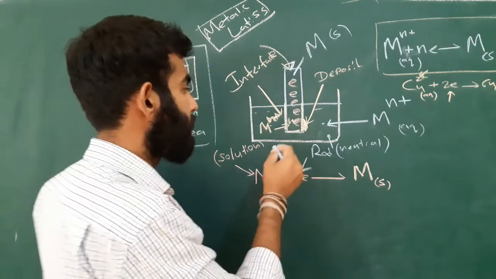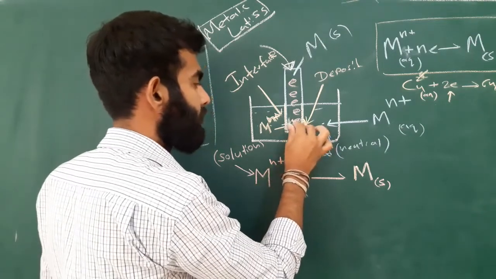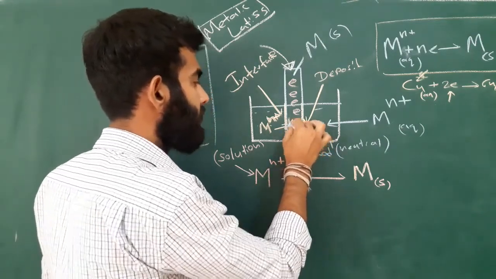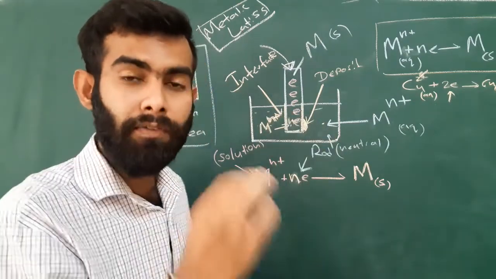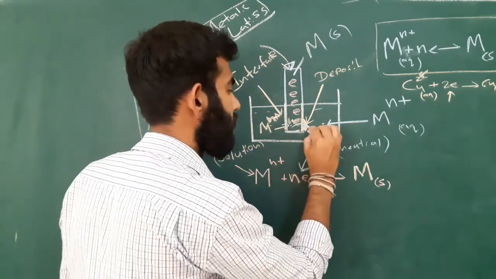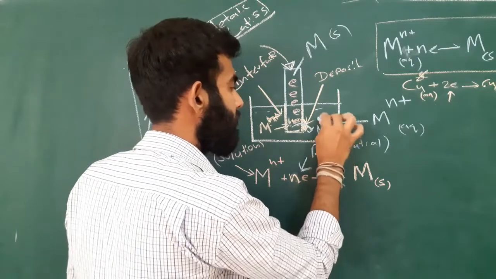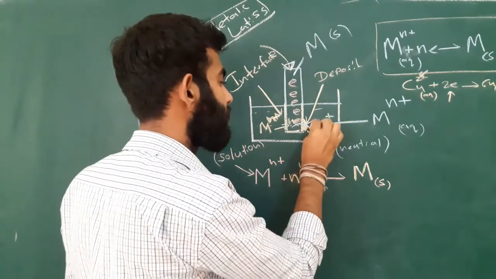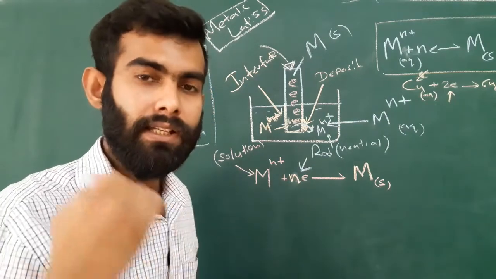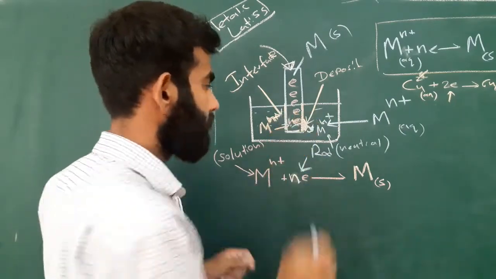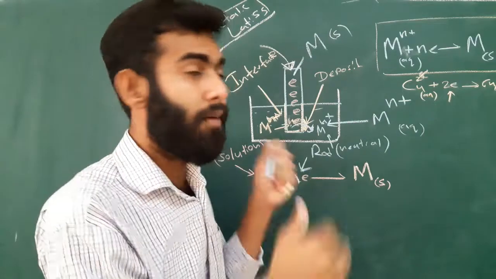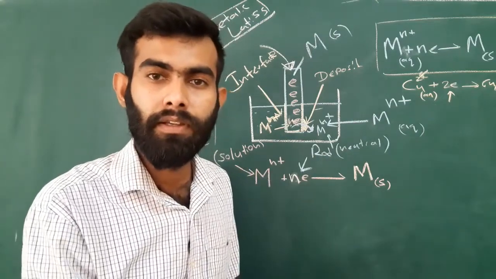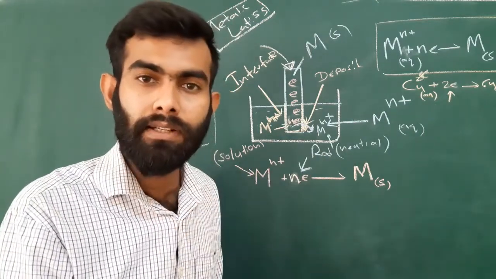What will happen if the metal ions of the rod come to the solution as Mn+? The free cations of this metallic rod will come to the solution. When they come, what will happen?